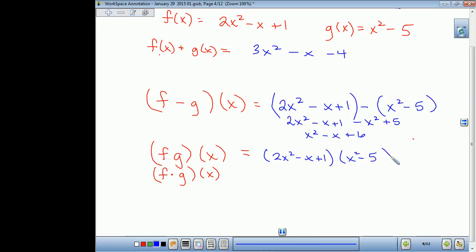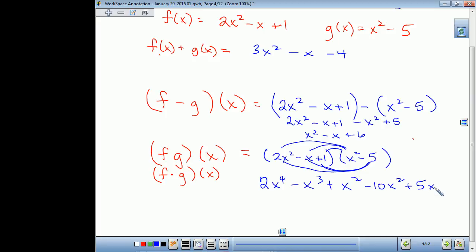Okay, so we're going to distribute, and we'll be done. So we get 2x to the 4th minus x cubed plus x squared, and then we get minus 10x squared plus 5x minus 5.